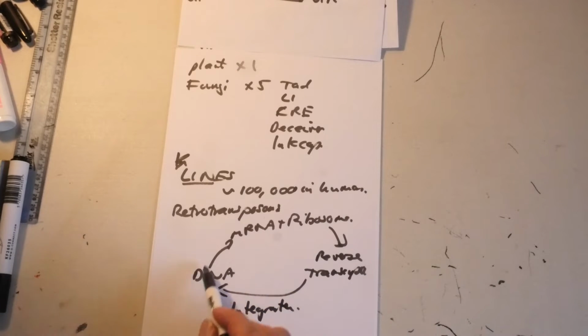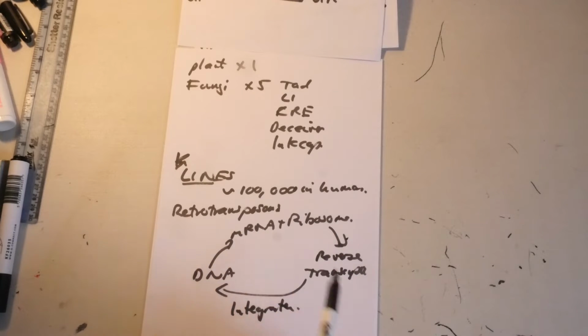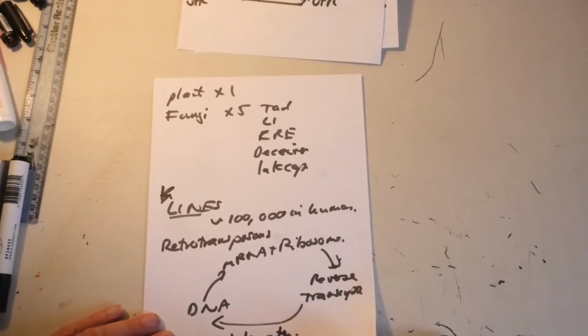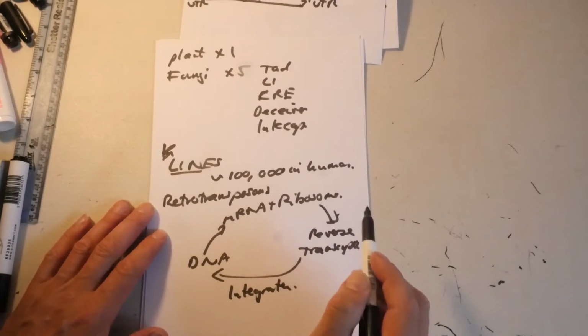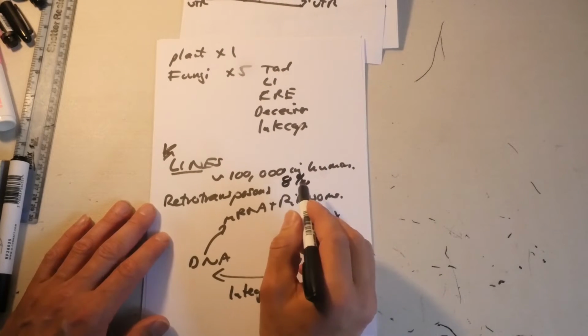So basically retrotransposons means they work in reverse. Instead of DNA, RNA, proteins, it goes DNA, messenger RNA, and then back to DNA, okay? LINEs. As I said, there's 10,000, 100,000 copies, about 8% of our DNA is made of these things, okay?